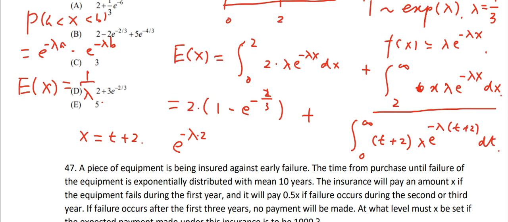Then this becomes 2 parts. Here from 0 to infinity, the integral of t lambda e to the negative lambda t dt, this part. And plus the 2 part: 2 times the integral of lambda e to the negative lambda t dt. This I also know: this integration is 1.